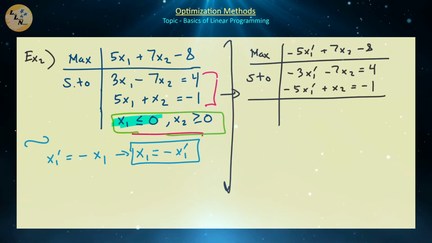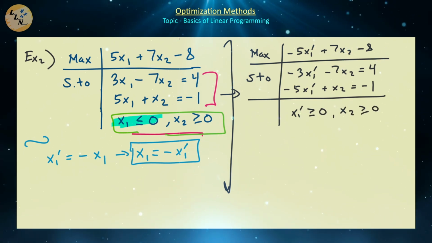And then we have the constraints at the bottom. x1 prime is greater than or equal to 0, and x2 is greater than or equal to 0. So now notice that our restrictions on our variables are both positive.